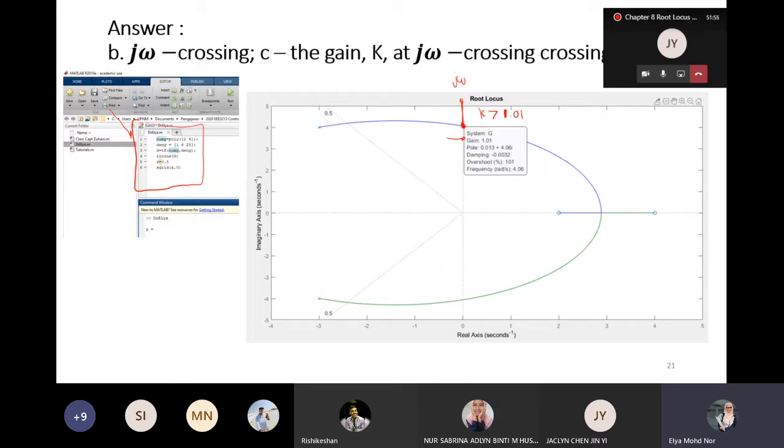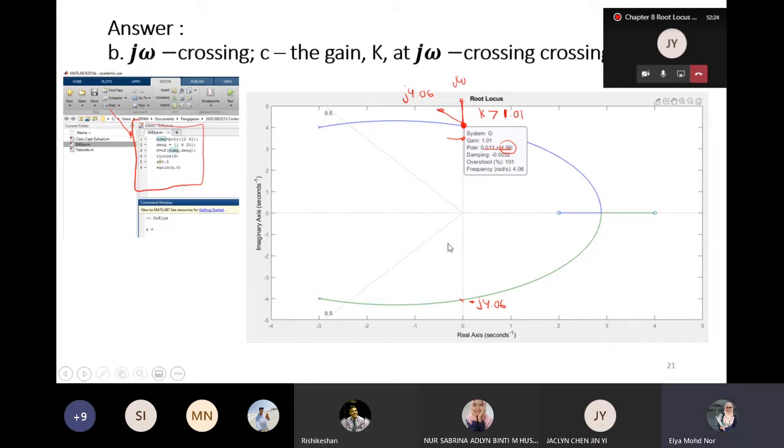The system becomes unstable. What is the point here? It is 0.013 plus j4.061, so this one is 4.06. We know it is symmetrical, so this is minus j4.06.